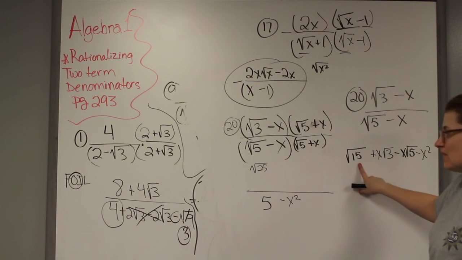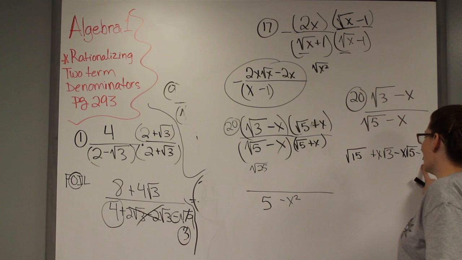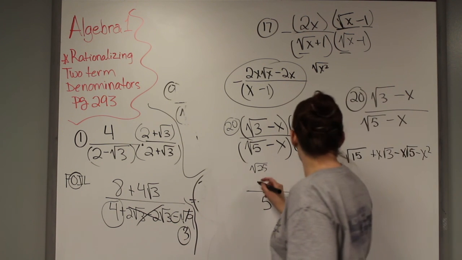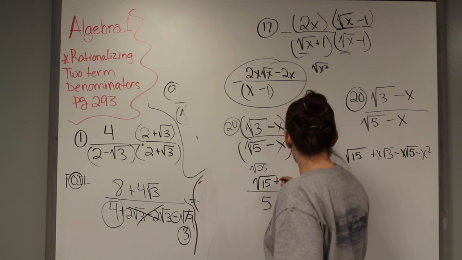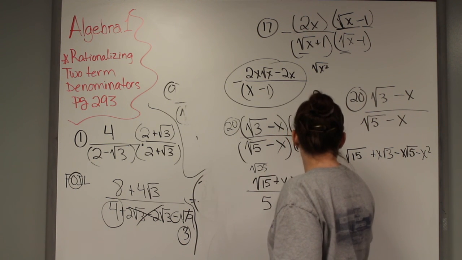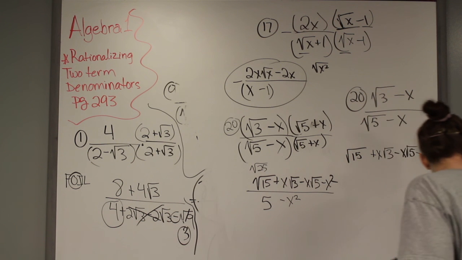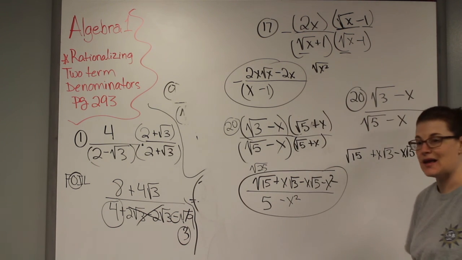There's no square root of 15. These don't have the same thing inside the radical, so you cannot add or subtract them. And x squared has nothing to combine with, so you literally just have to write all of that. I was hoping something would cancel. And that is your completed answer. You can't do anything else with that.